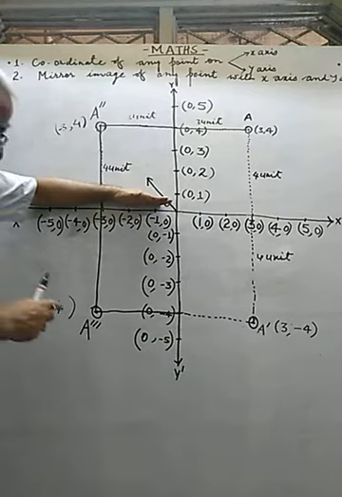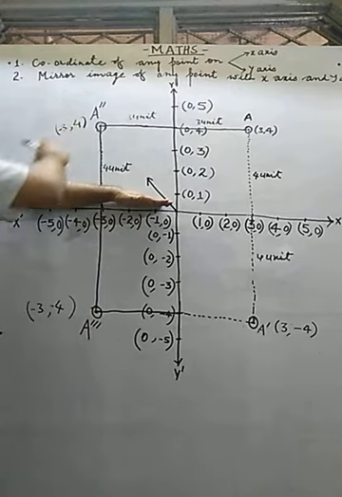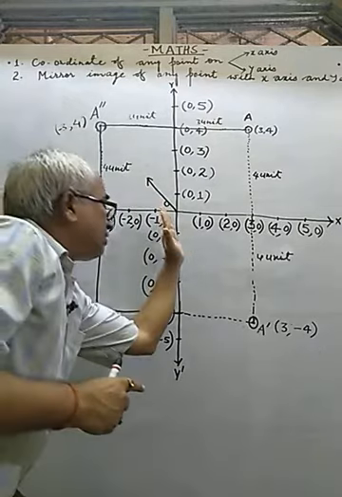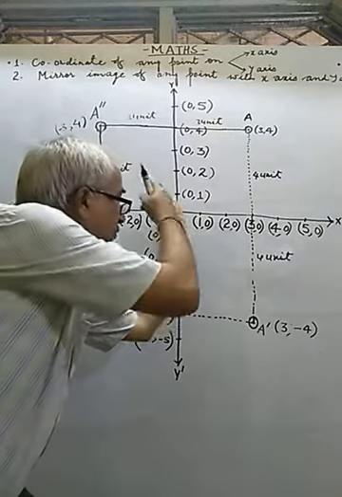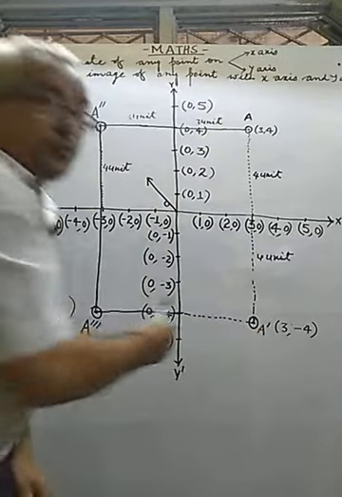Now observe this point and see the mirror image with respect to the x-axis and with respect to the y-axis. Now we have this x-axis, so the mirror image of this point will be (-3, 4). Now this one is behaving just as a mirror with respect to the y-axis. It will be (3, -4).